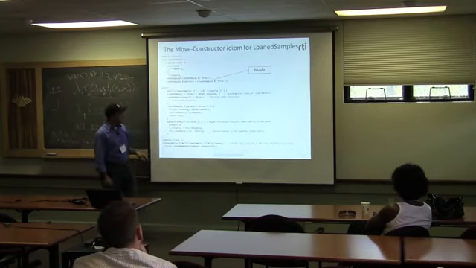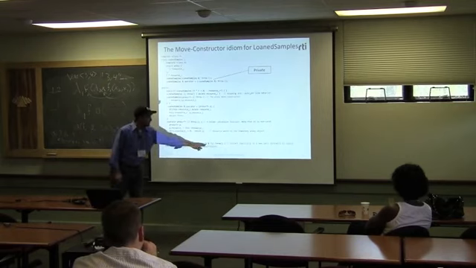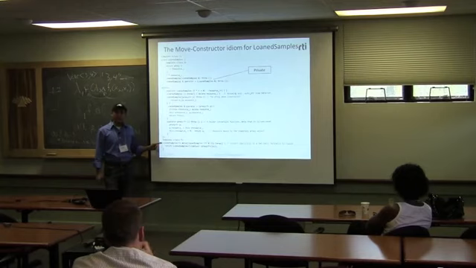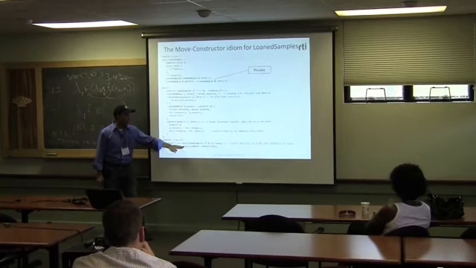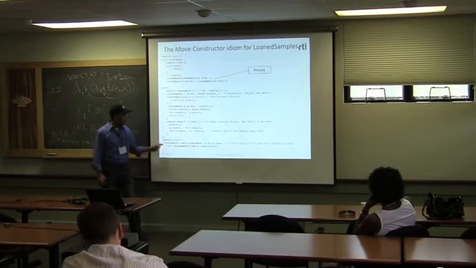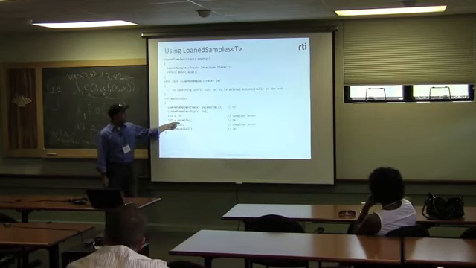What move does, just one line at the bottom here, it turns this named object into a temporary object. We're going to see what this one-line code does. So now this is a temporary, and here you are now assigning a temporary to the left-hand side.